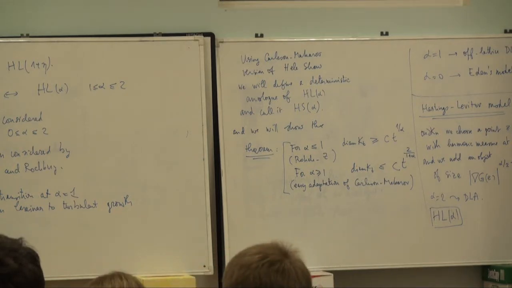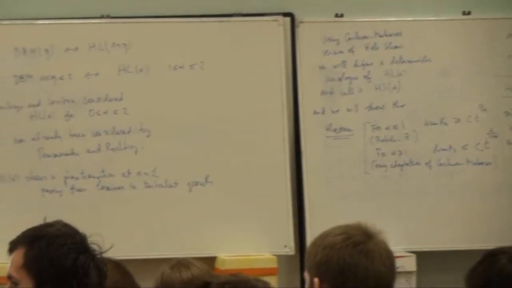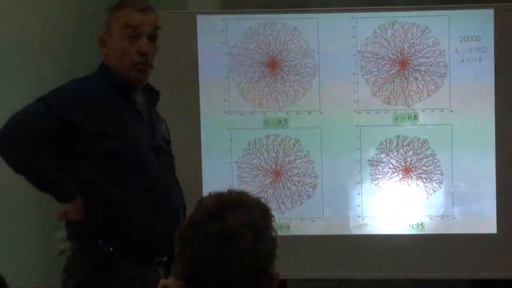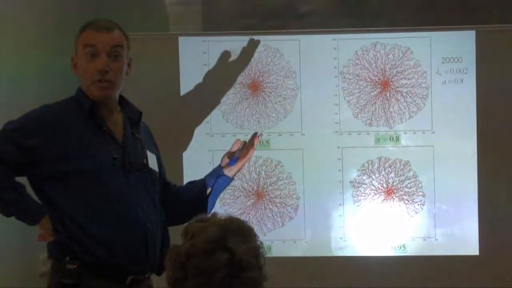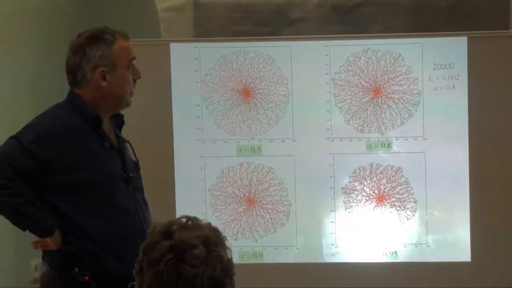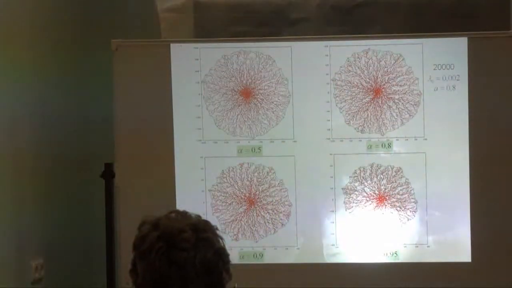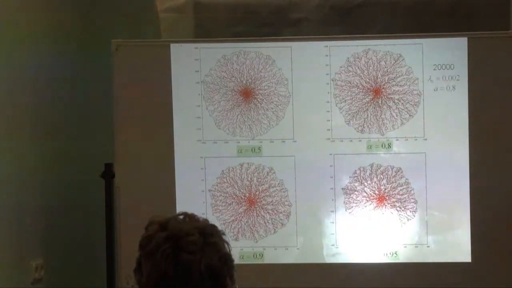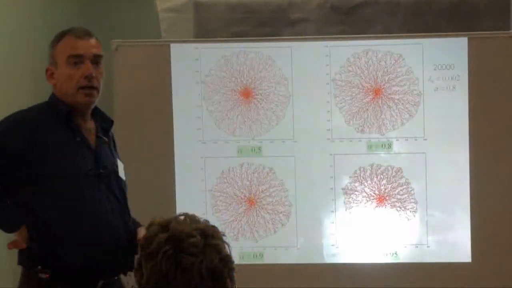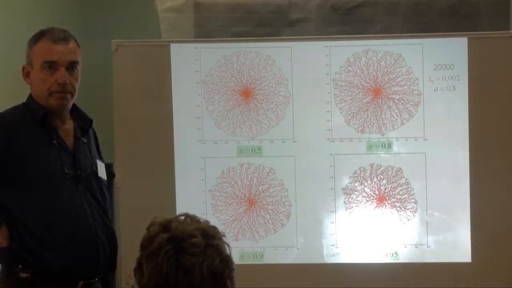Yes? Do you have any assumption to avoid holes being created in your simulation? Well, actually, no. But simulations show that there are no holes, and I think there is a result. Birdsey told me once that he had a student who proved that in DLA there are no holes created, almost surely.